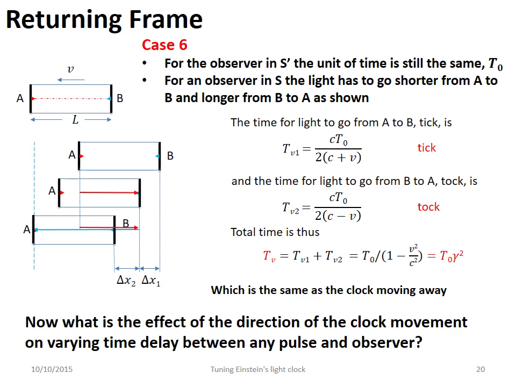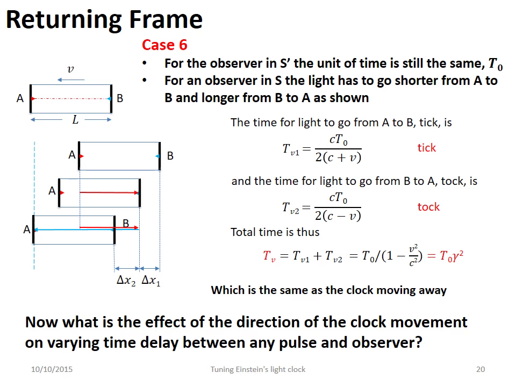For the observer in S prime, the unit of time is still the same, t0. For an observer in S, the light has to go shorter from A to B and longer from B to A, as shown.